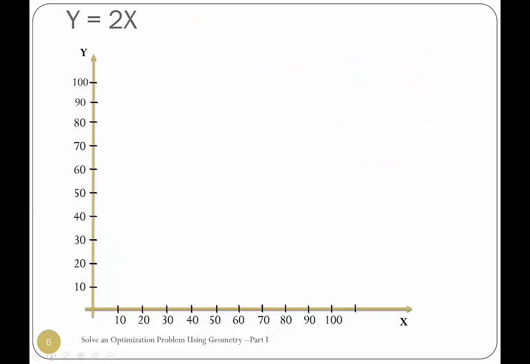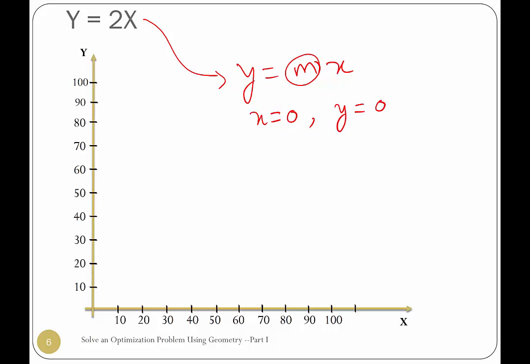And let's draw a line for this particular equation, which is in the form of y equal to mx, right? There is no constant, so m is the slope. In this case, the slope is 2. So this line passes through the origin because it doesn't have any constant. If you plug the value x equal to 0 in the equation, y will become 0. So our first point is (0, 0) right here.